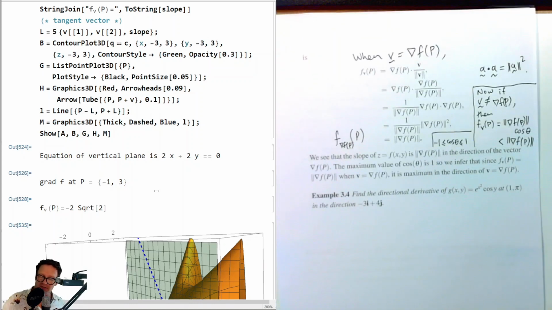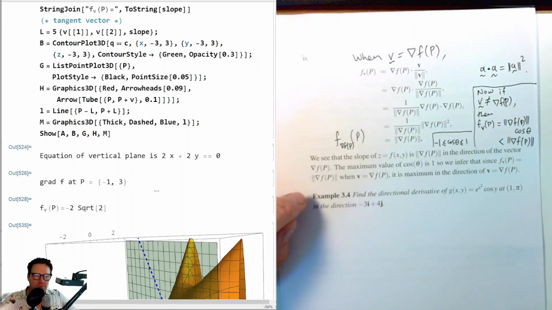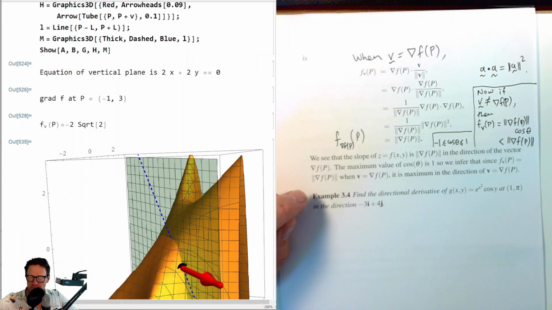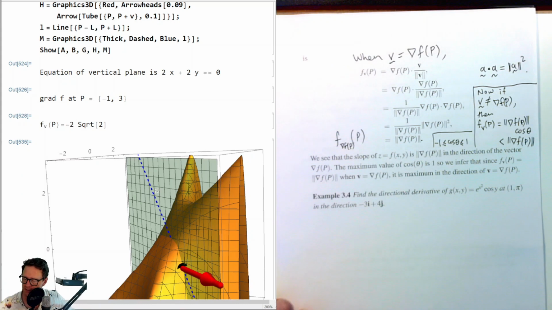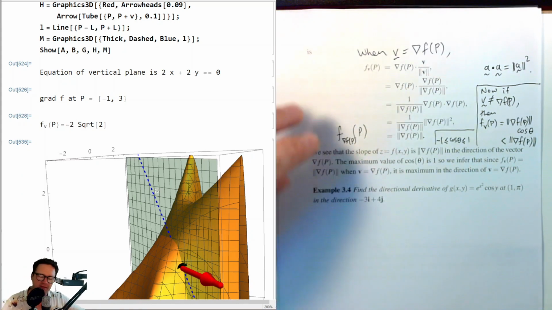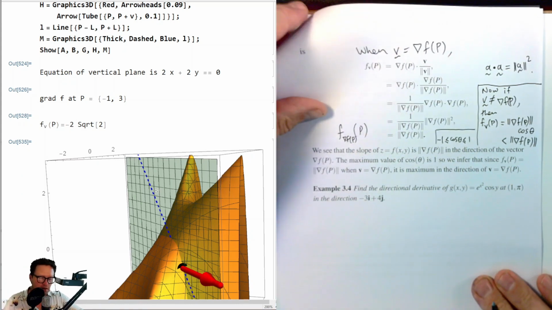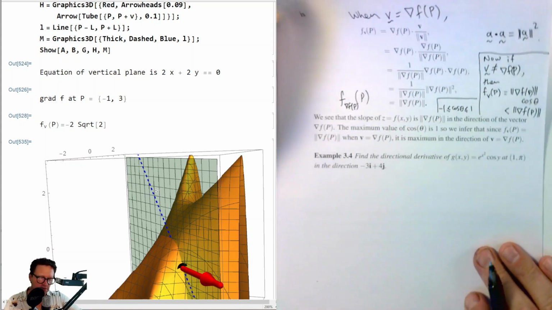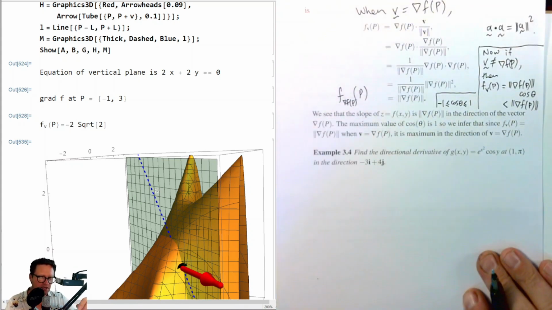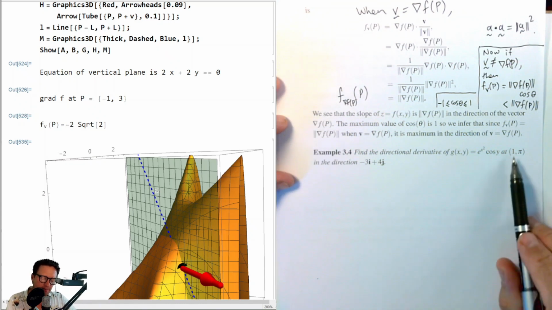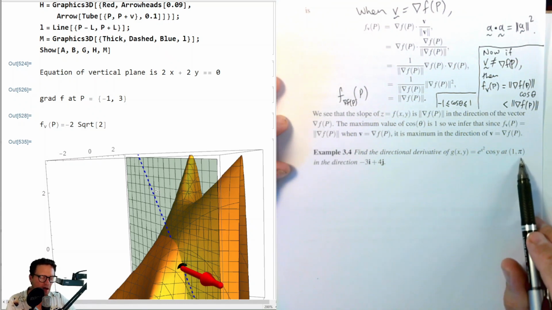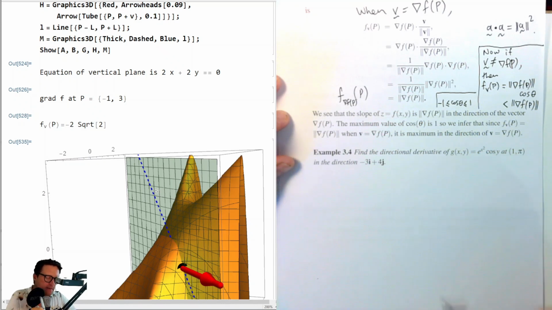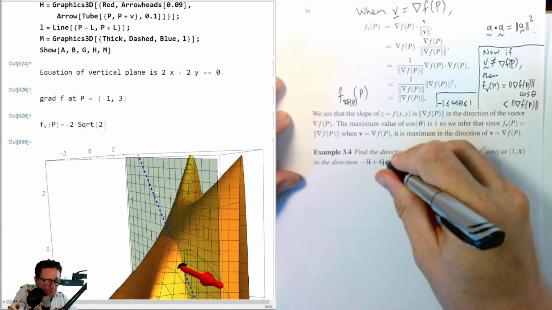Okay, let's move on to example 3.4. Find the directional derivative of the function g, which is e to the x squared cos of y, at the point (1, pi) in the direction of the vector minus 3i plus 4j.